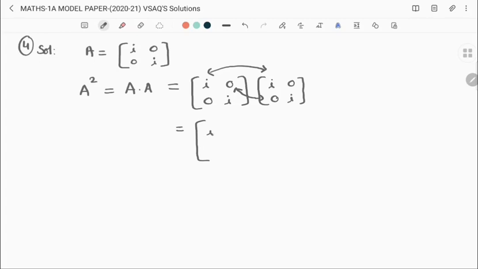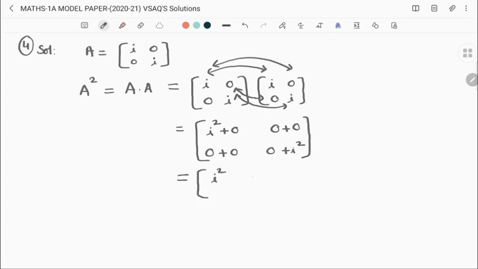So i into i, i square plus 0. Next multiply these two, i into 0, again 0 into this. Similar procedure for the second row: 0 into i plus i into 0, 0 into 0 plus i into i, i square. So which is equal to i square 0 0 i square.